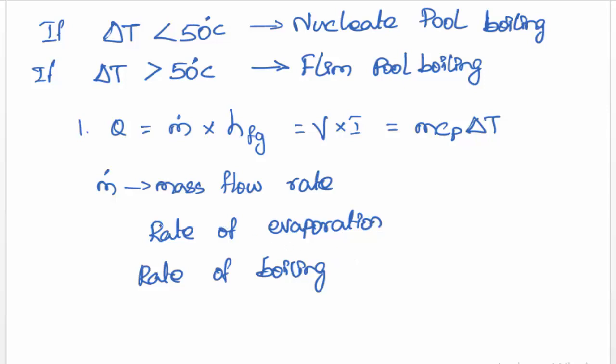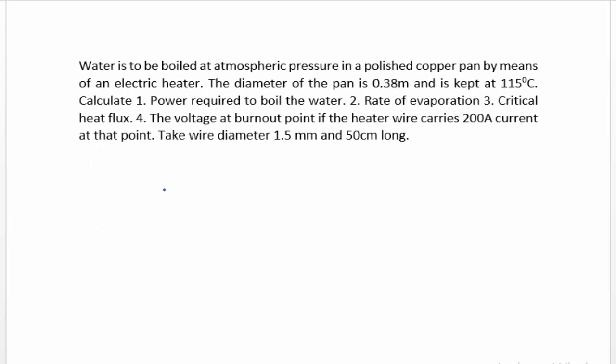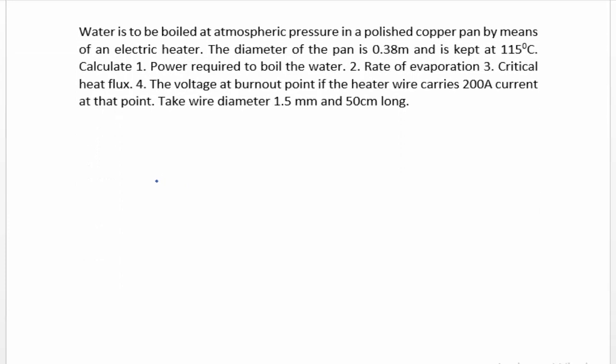Now take down the first problem. In the first problem, it is given that water is to be boiled at atmospheric pressure in a polished copper pan by means of an electric heater. The diameter of the pan is 0.38 meter. So write the given data.